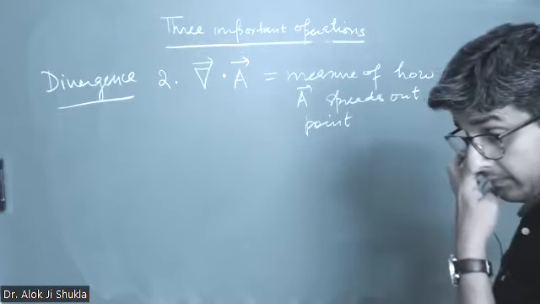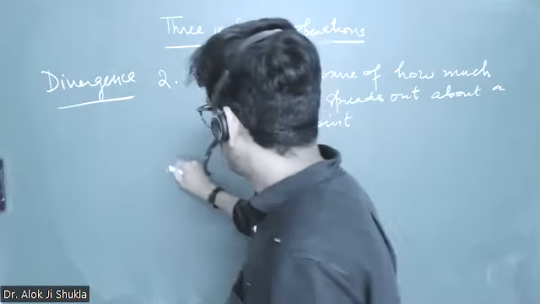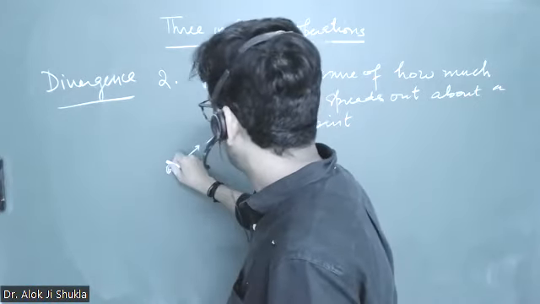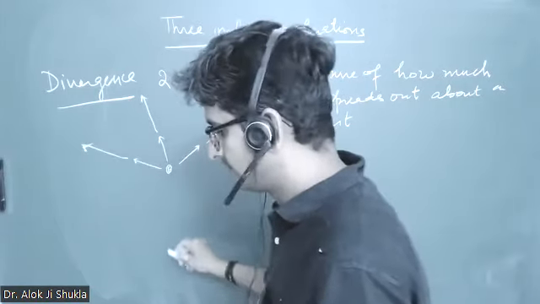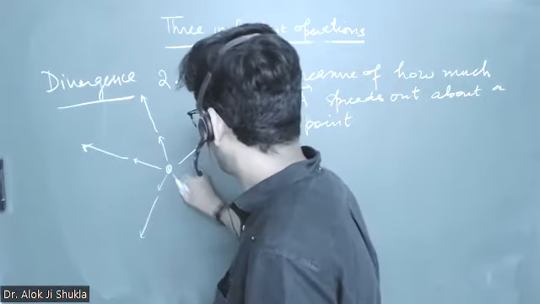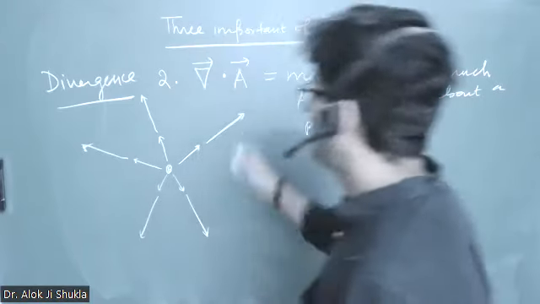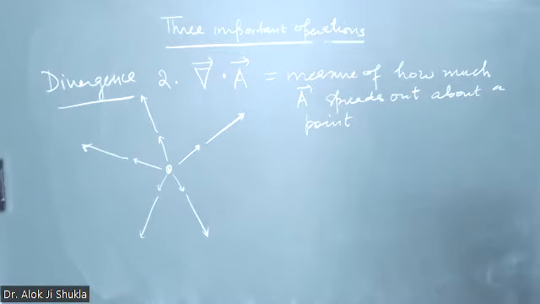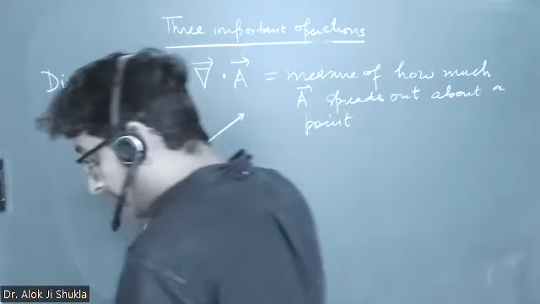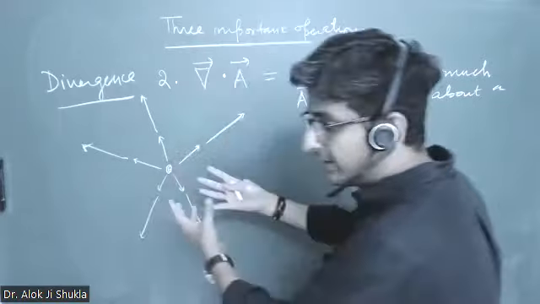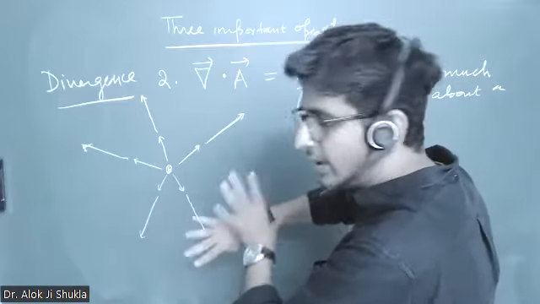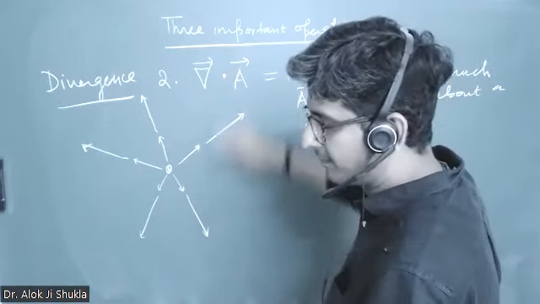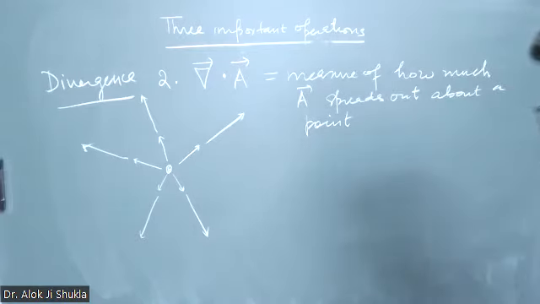So like if this is a point and this is the vector spreading out, like this, it spreads out about this point. So this del dot A will give you the measure of spreading out about a point. So it tells if the vector is going out of this point or coming into that point, or not going or coming at all, suppose all vectors are parallel.